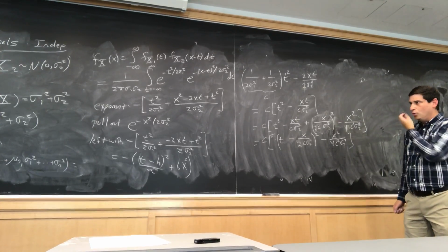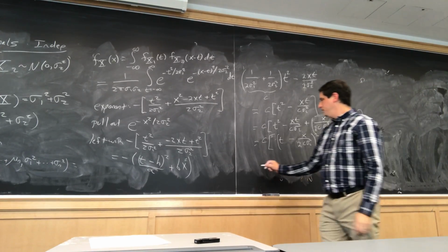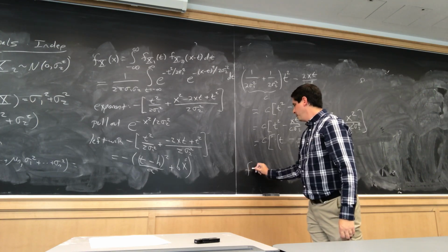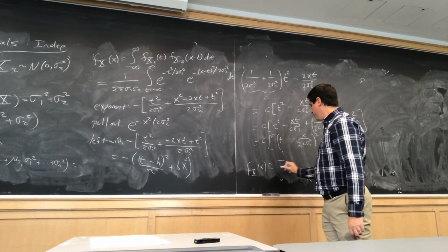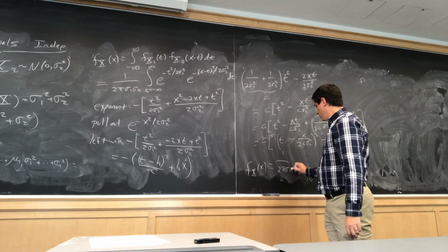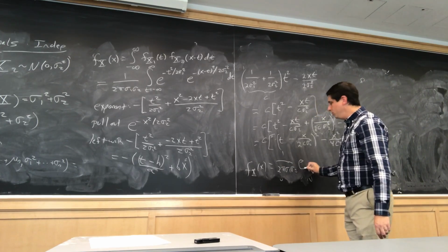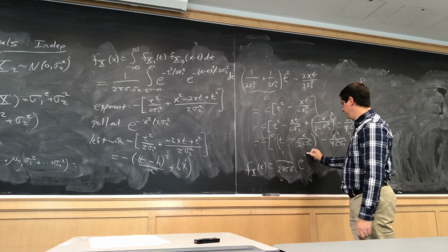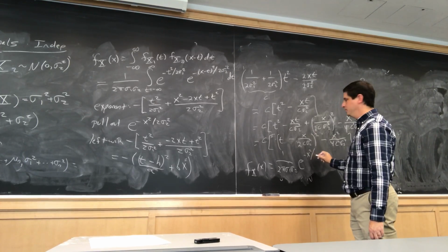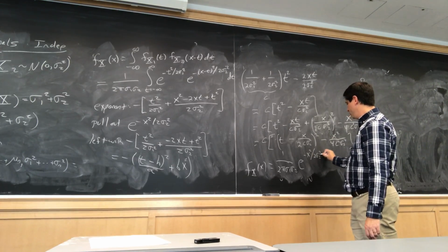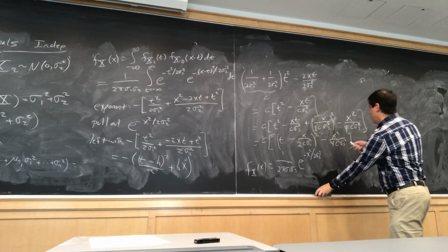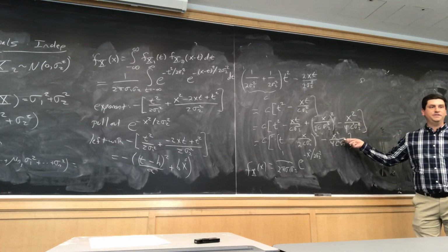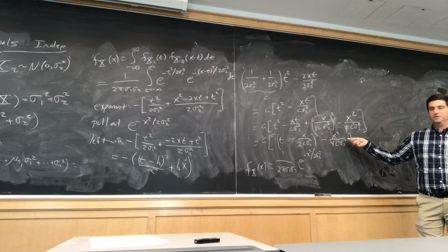And so now, when we go back to integrate, we get f_X of x. Well, we have a 1 over 2 pi sigma 1 sigma 2. We pulled out an e to the negative x squared over 2 sigma 2 squared. This term can be pulled out of the integration because it has no t dependence.